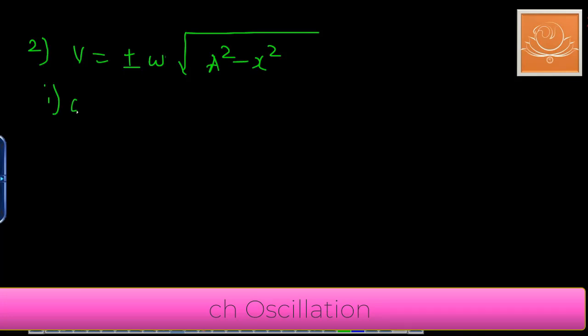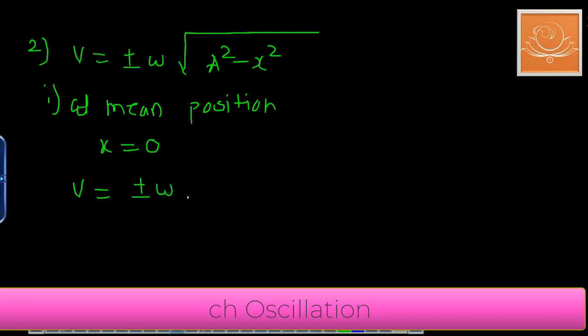Now first, at mean position, x equal to 0, because displacement is 0. Hence velocity becomes plus or minus omega under root a square minus 0, which is equal to plus or minus omega into a.